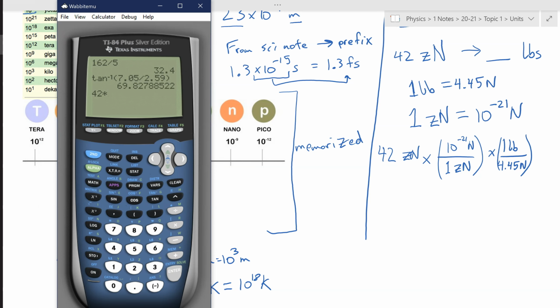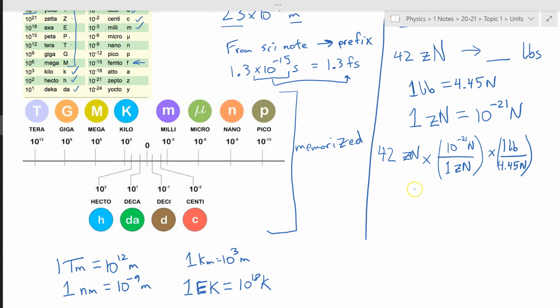Okay, there we go. So 42, one option to enter this 10 to the negative 21 is you can just type 10 to the little caret symbol, negative 21. And that works fine if all you're doing is like 1 power of 10 and the calculation is not very complicated. And then I would divide by 4.45. And so the answer is 9.44 times 10 to the negative 21 pounds.